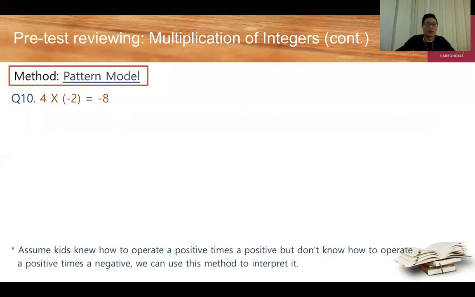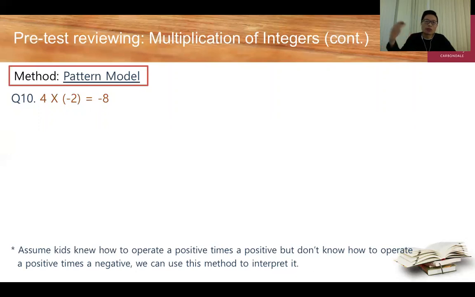All right, let's start from the pattern model this time, right? Because the pattern model is the simplest model in the meaningful instruction, okay? And also, the rule to use the pattern model is the same as the rule in addition and subtraction.